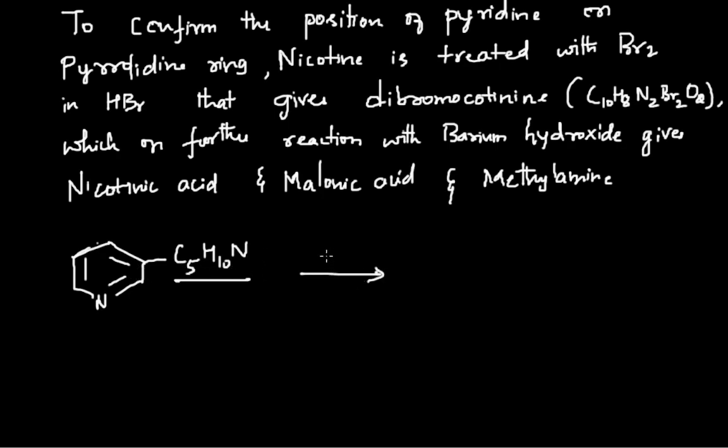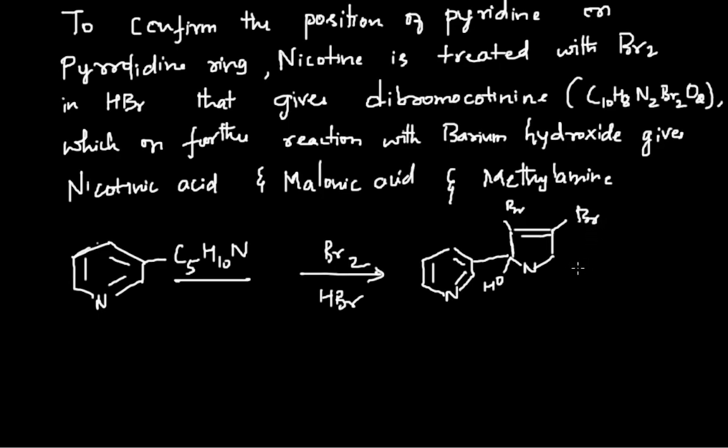When you treat it with Br2 in presence of HBr, it gives you the dibromo compound.